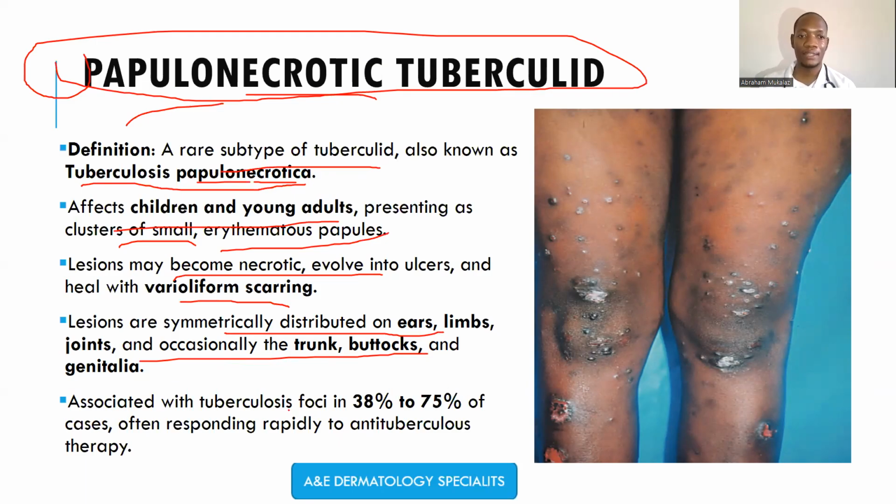In most cases, up to 75%, you get a TB focus somewhere else, and they respond very fast to anti-TB treatment. When you have an HIV infected patient or someone living with HIV with pruritic nodular necrotic papules, you may end up also screening them for TB to make sure that it is not actually papulonecrotic tuberculid.